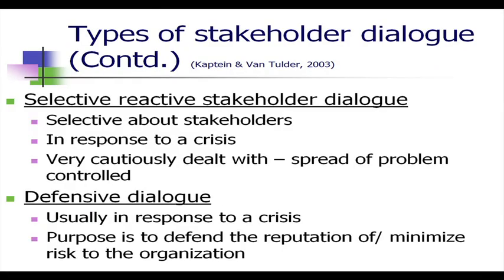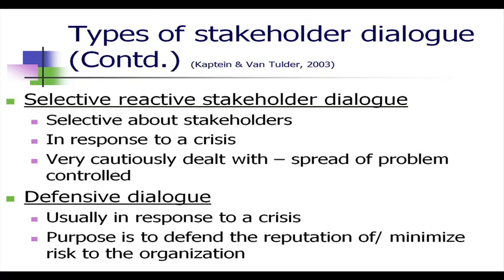Okay, the third type of stakeholder dialogue is the selective reactive stakeholder dialogue. In this, stakeholders are very carefully chosen, and as you can imagine, stakeholders with very little power, not very legitimate claims, not with a high sense of urgency are chosen. Stakeholders who cannot influence the organization are chosen as a representative of the entire pool of stakeholders.